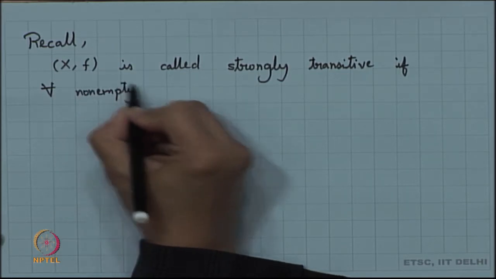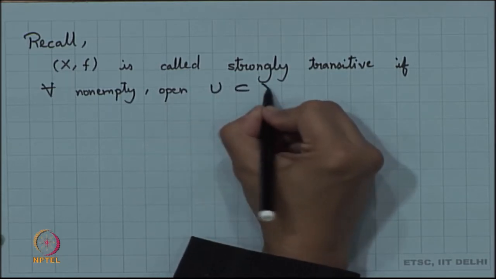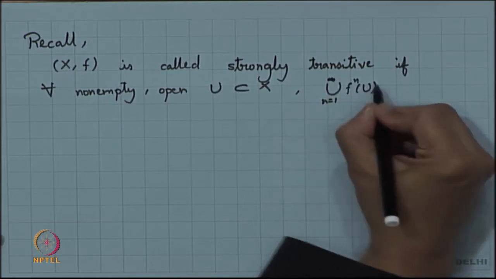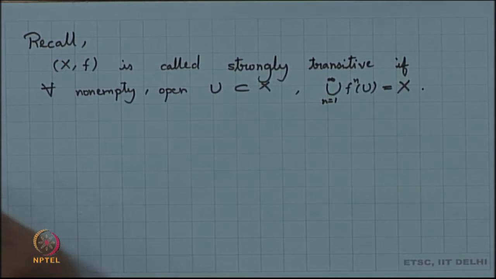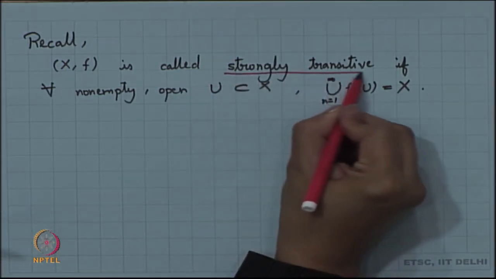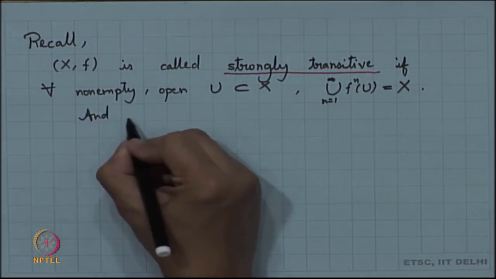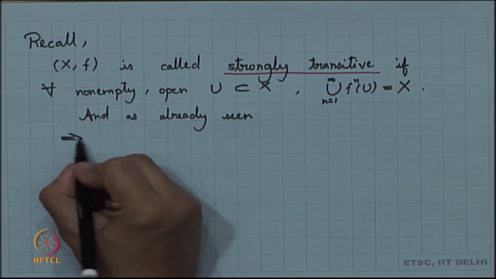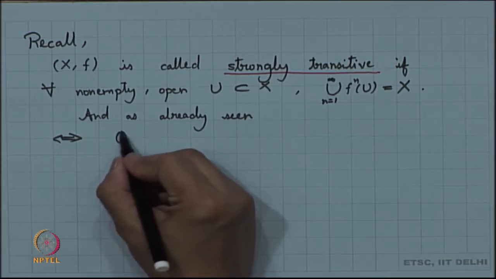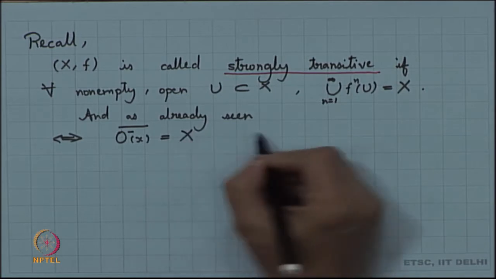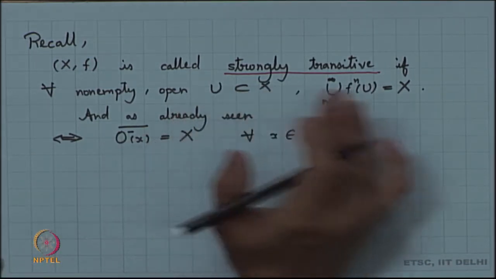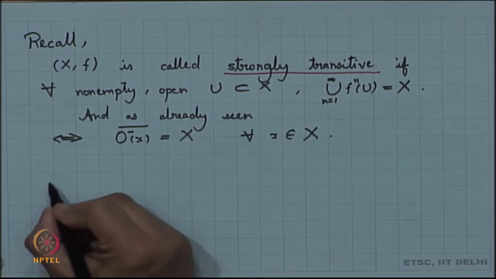We recall the system is called strongly transitive if for every non-empty open U subset of X, we have the union of f^n(U), n going from 1 to infinity, is the whole of X. So, this is basically our definition of strongly transitive, and as already seen, this is equivalent to saying that the backward orbit of x is dense in X for every x in X. We have also seen that this property is implied by minimality, but this is not minimality, this is a distinct property.